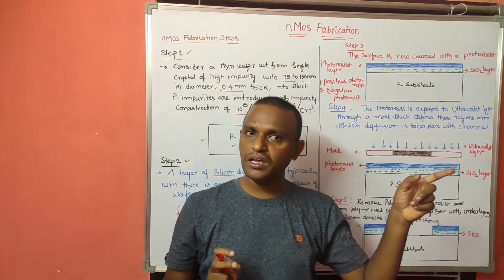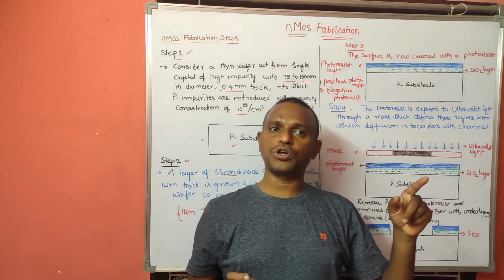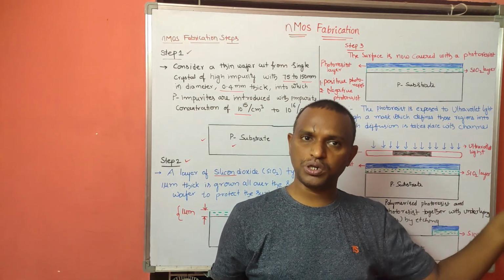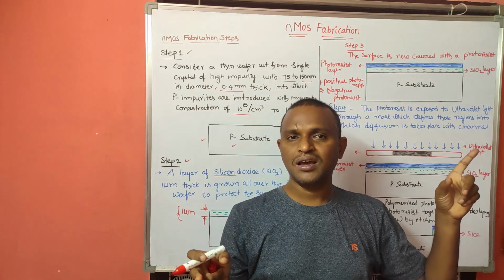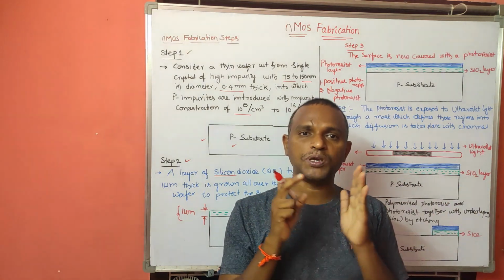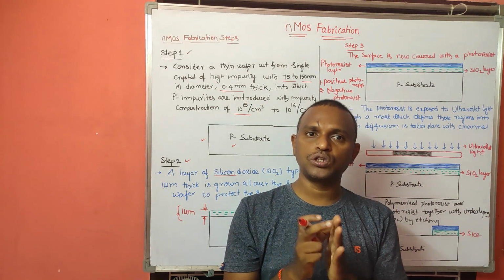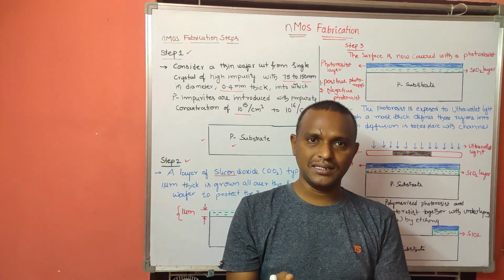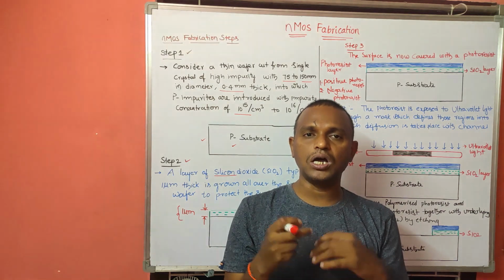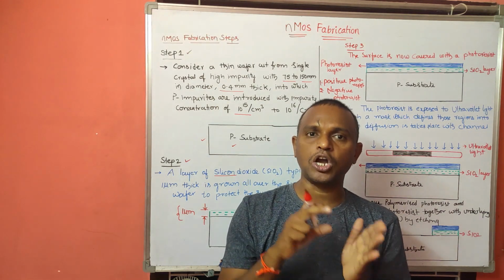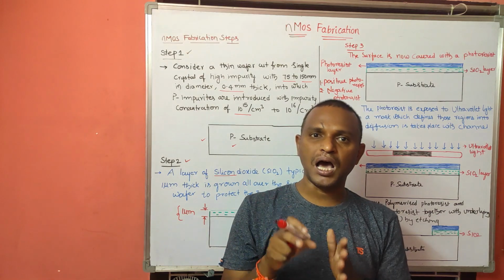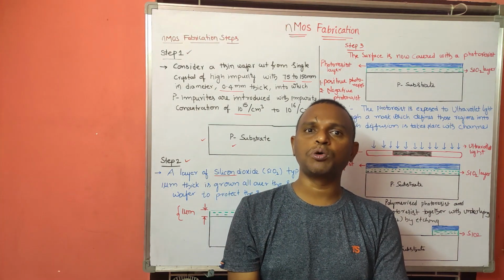One is easily soluble in photoresist developer, that is positive resist, and the other is negative resist, which cannot be dissolved after applying UV light. It will be a polymerized material, hardened, and it cannot be dissolved in the solvent that is prepared to remove it.